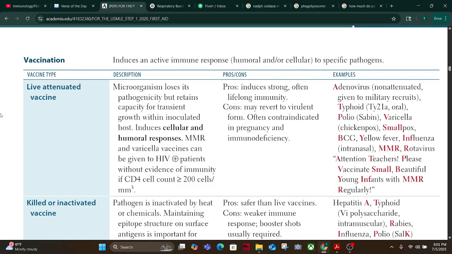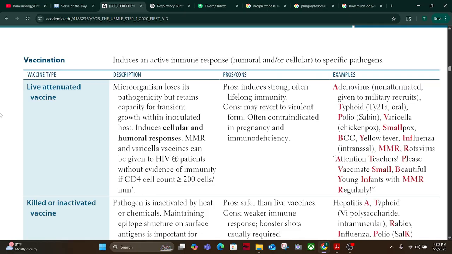MMR and varicella vaccines can be given to HIV-positive patients without evidence of immunity if CD4 cell count is greater than or equal to 200 cells per mm. Pros and cons of live attenuated vaccine: pros include induces strong, often lifelong immunity. Cons: may revert to a virulent form, often contraindicated in pregnancy and immunodeficiency.